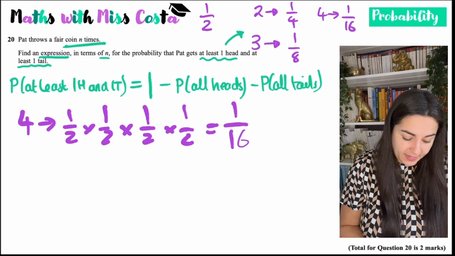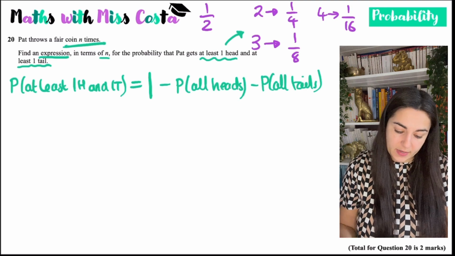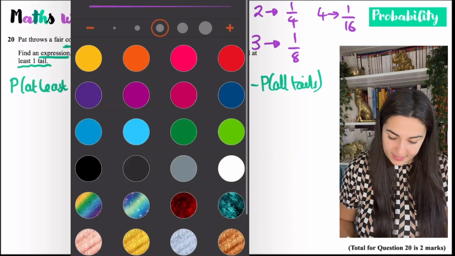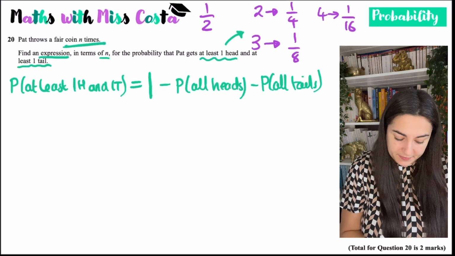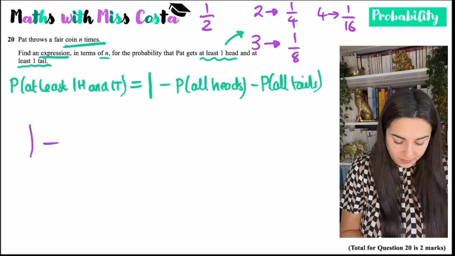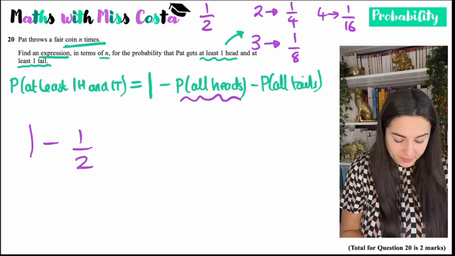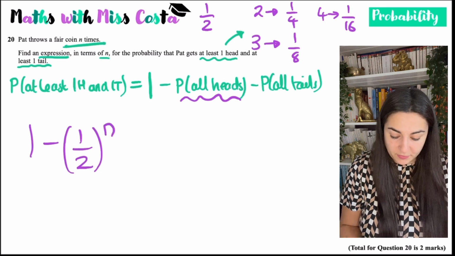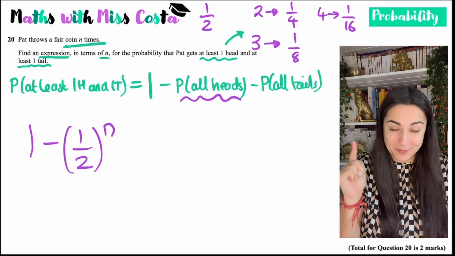So what's happening is the probability depends on how many times you throw the coin. So the probability of getting at least one head and one tail would be 1 take away the probability of all heads, which is a half, but it depends on how many times you throw it. Let me just show you, I'm explaining this really badly.